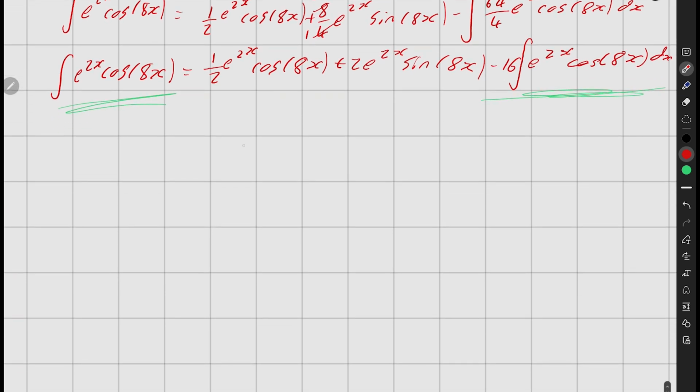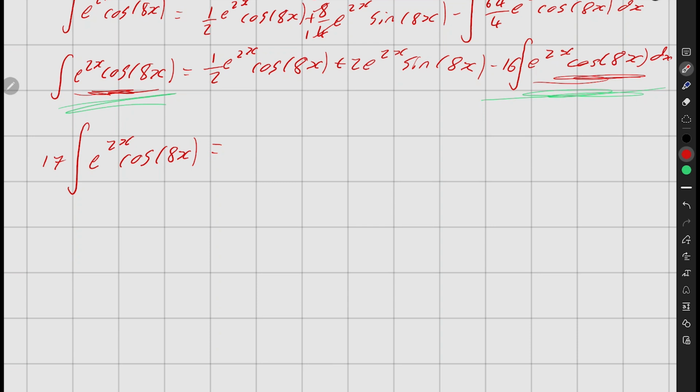So if we're adding 16, it's like x plus 16x. Think of these as variables, if you like. So that's just going to become 17 multiplied by the integral of e to the 2x cos of 8x.